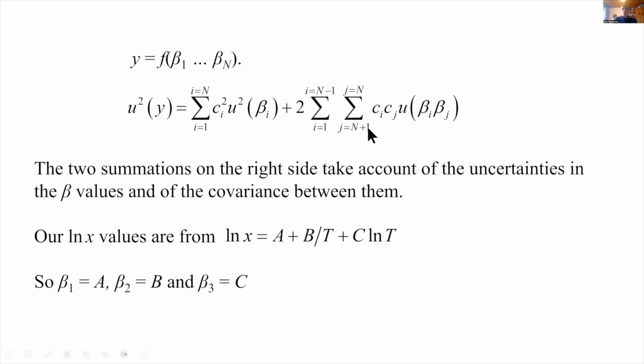And what we need to do is to turn this into something that is useful for our specific case. Our ln x values come from our equation a plus b upon T plus c ln T. And so our parameters are a, b, and c. So beta 1, let's say, is a, beta 2 is b, and beta 3 is c. So these differentials, the C's, are simply the differential of ln x with respect to a, b, and c.